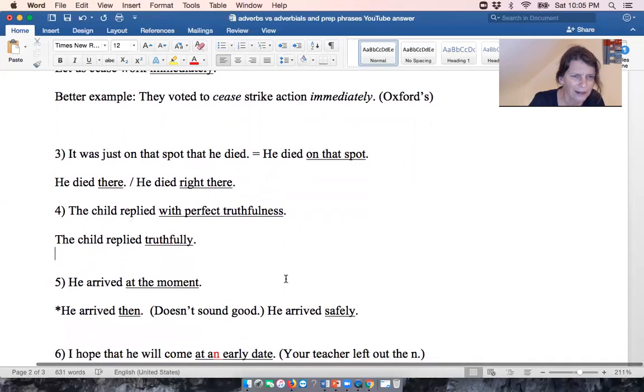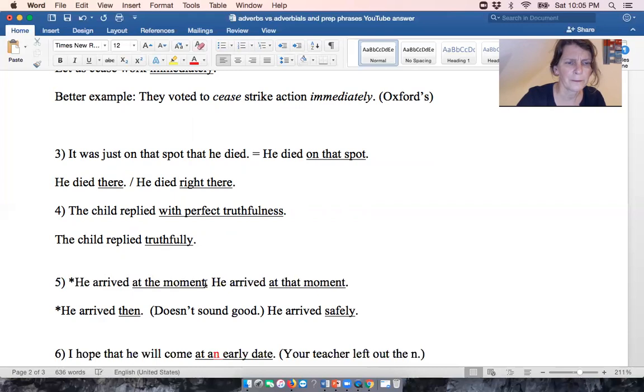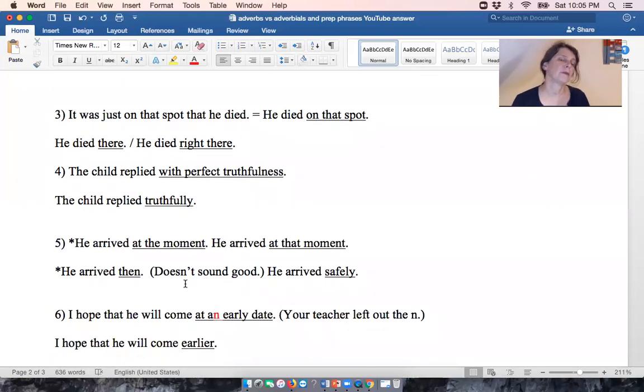He arrived at that moment, I would say. At that moment would be much better. I still think that it's not a nice sentence, but anyway, he arrived then would be possible, but he arrived safely, then we have a sentence that sounds good, means something else though.